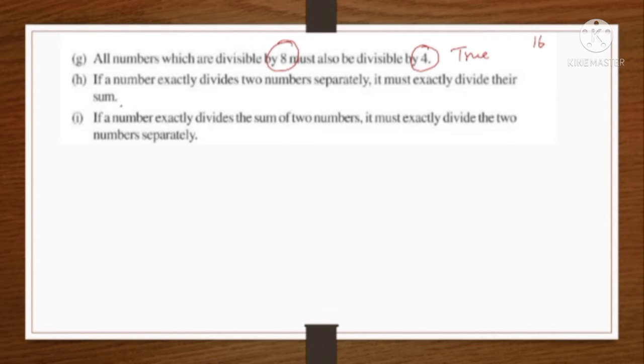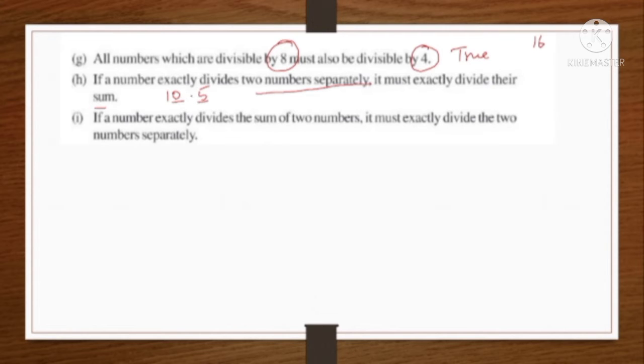The next, subdivision H. If a number exactly divides two numbers separately, it must exactly divide their sum. This is also a property we had seen. Let's consider the numbers 10 and 5.